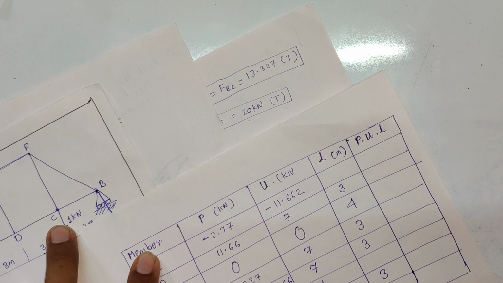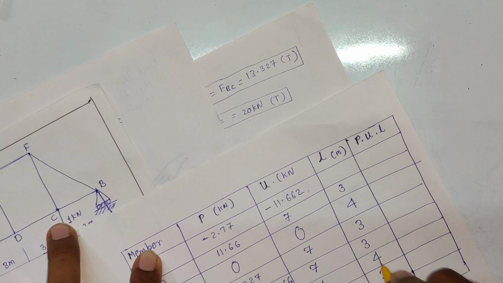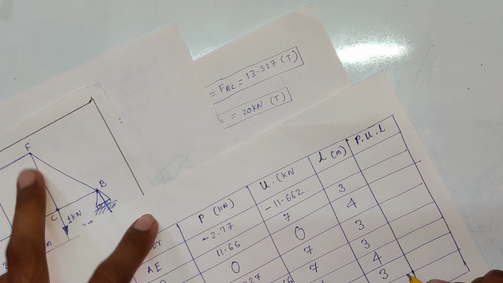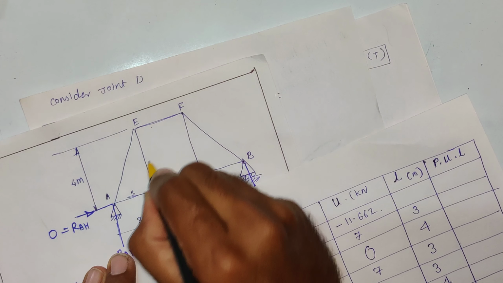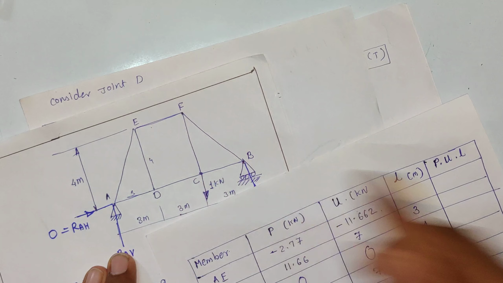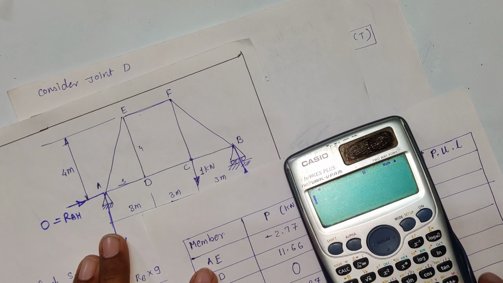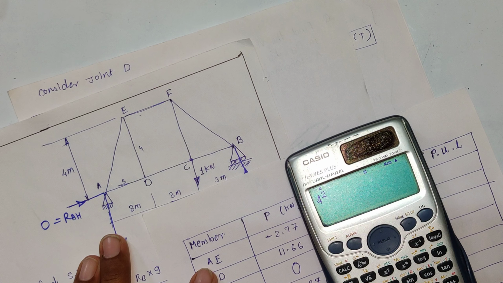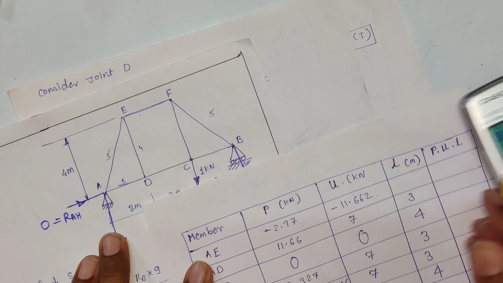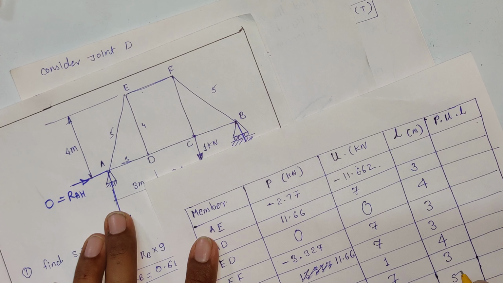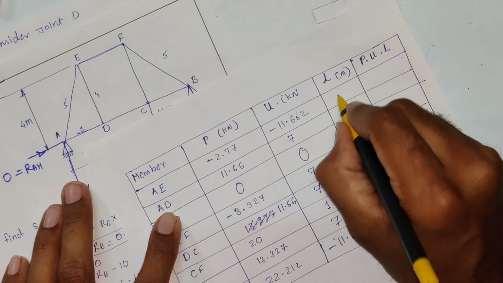FC or CF is also 4. The remaining, these two are inclined members that we can easily find with the Pythagoras theorem, right? Remaining side, that is 4 square plus 3 square under root of this is equal to 5. So length of these members is 5. So I will write here 5 and 5.